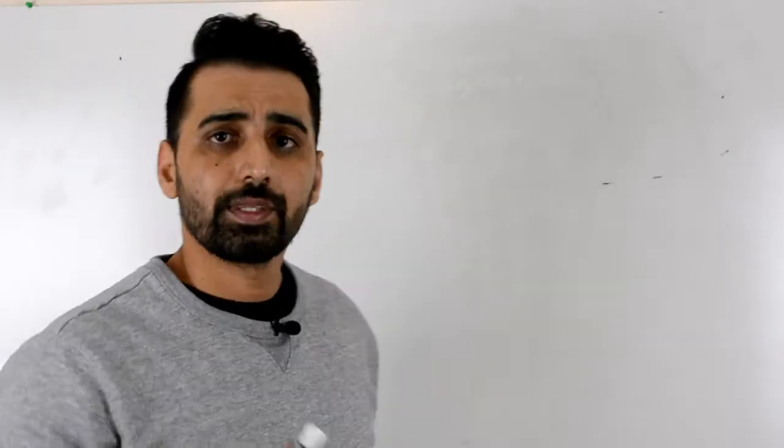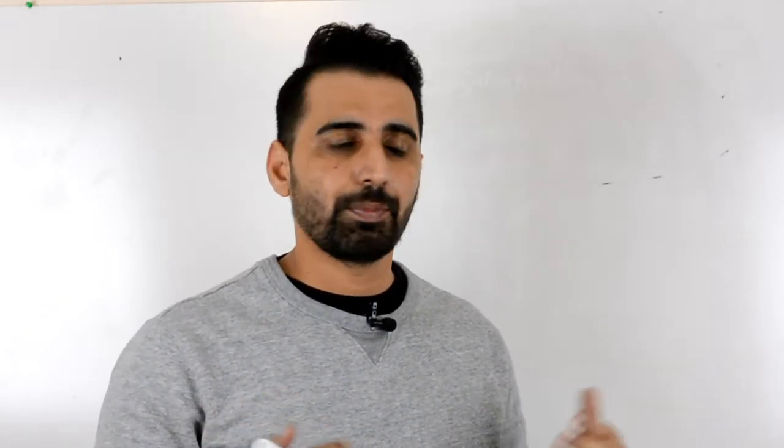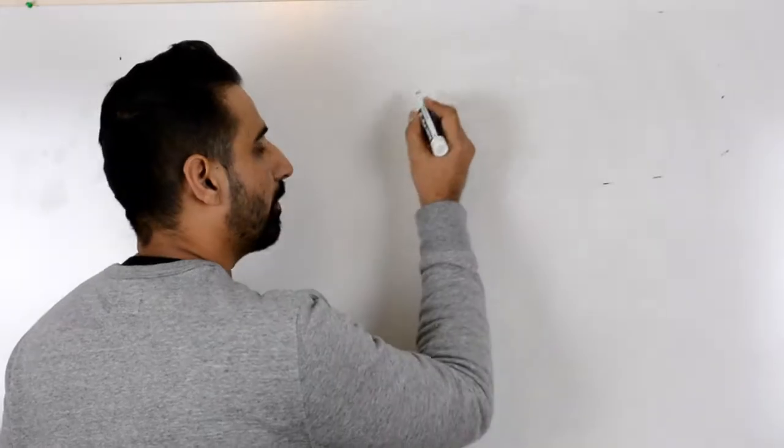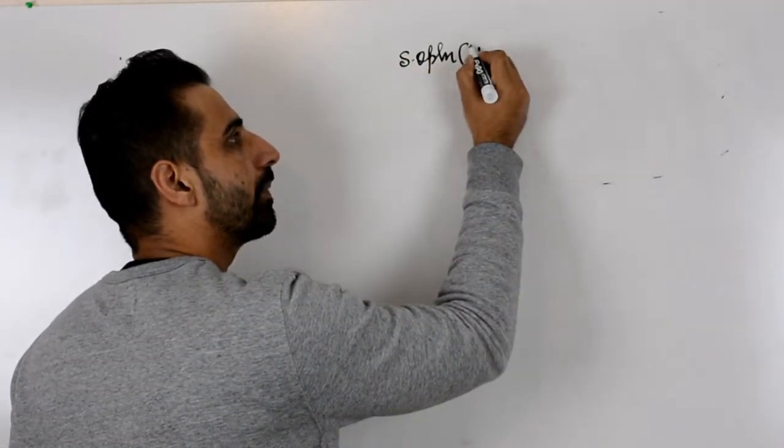If we have to print 1 to 5, I can do that in a Java program. What do I have to write down? If I have to print 1 to 5, I'll write System.out.println 1 in double quotes.